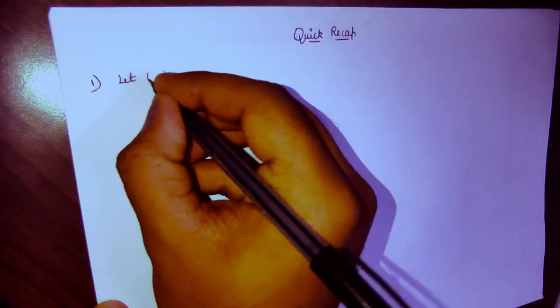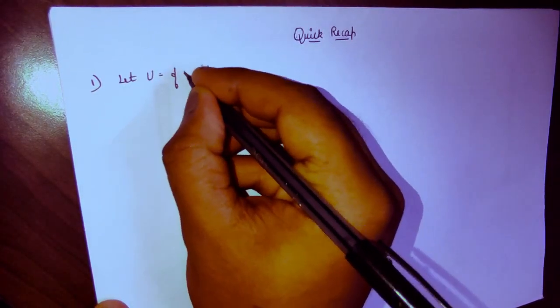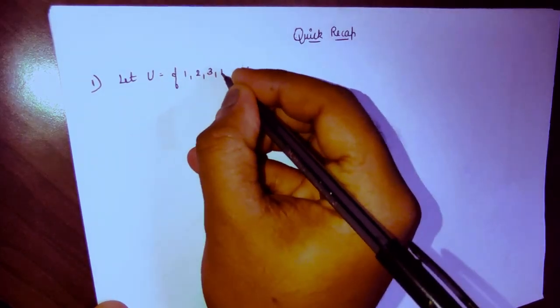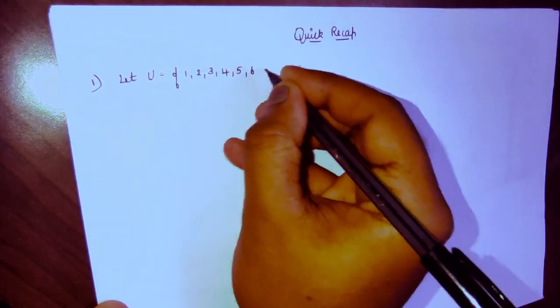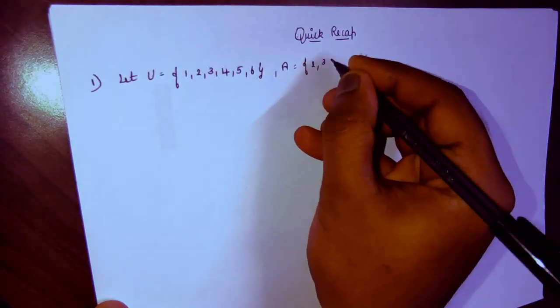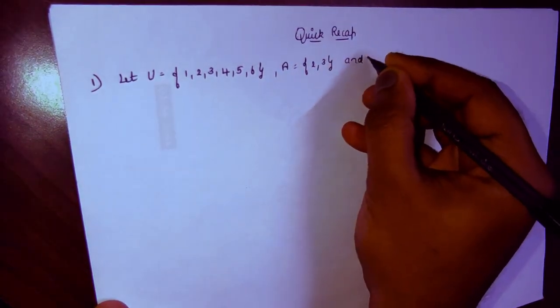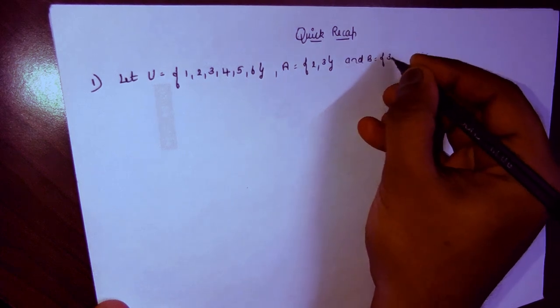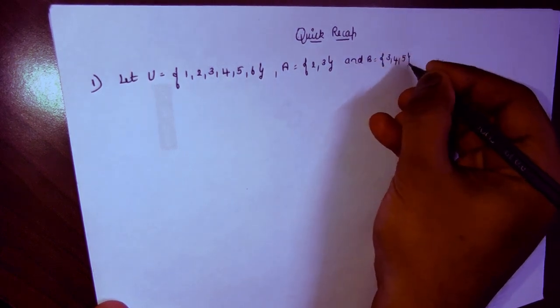Let U = {1, 2, 3, 4, 5, 6}, A = {2, 3} and B = {3, 4, 5}.